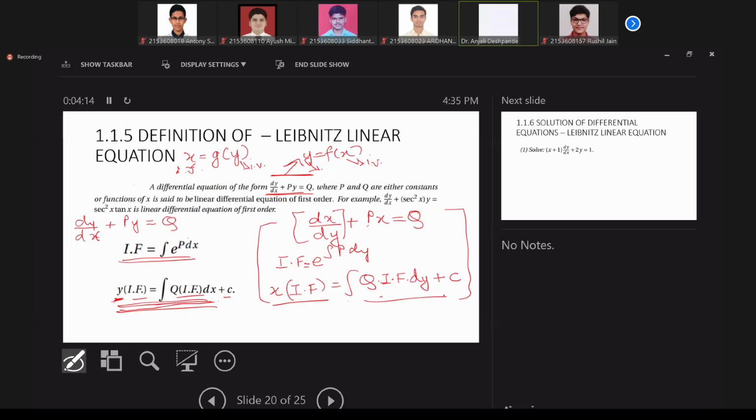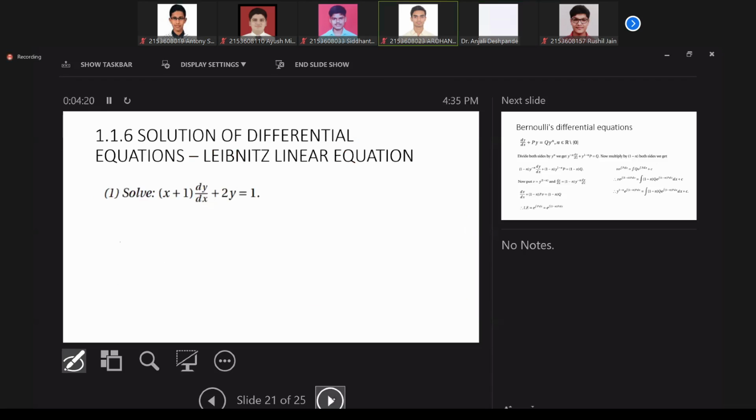Done this part? Okay, let's see the sum based on this Leibniz linear equation. First of all, we will do one small manipulation and write this in our standard form. I will divide both sides by x plus 1.